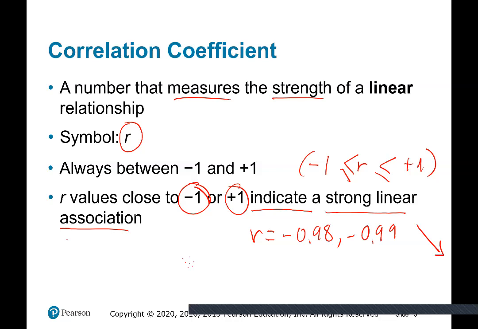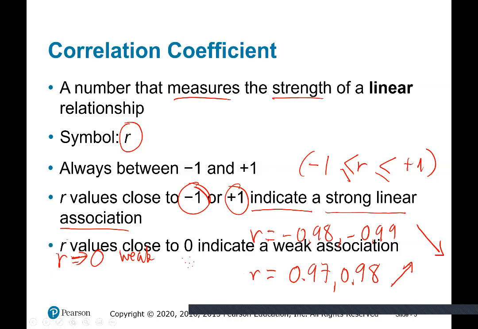And the other one is like R equal to, I'm going to say, 0.97 or 0.98, something like that. It will also be strong, but going up. For the case that R is equal to or close to 0, it will be a weak association. Okay, so let's move to the next.